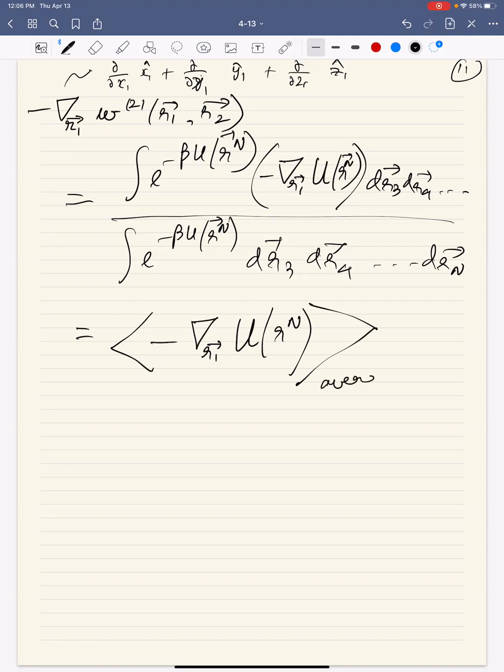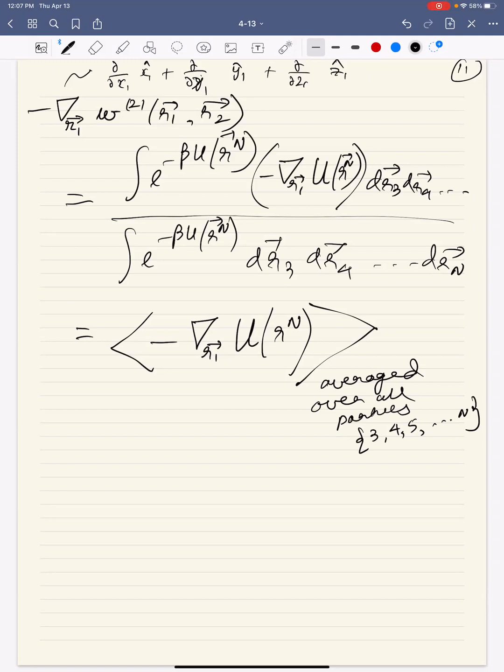It is averaged over all particles in the set 3, 4, 5 till n. Make sense? So it's a very special type of integral. This is the first time we have seen it, like a restricted partition function. We are keeping R1, R2, and integrating everything else out. So it's an ensemble average.